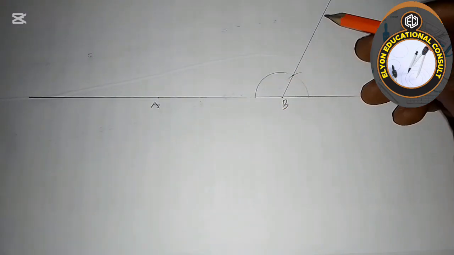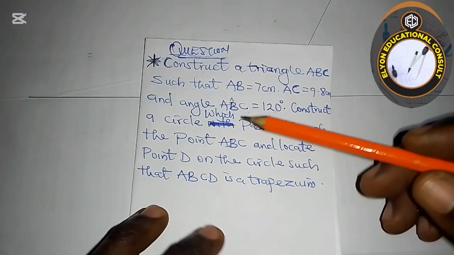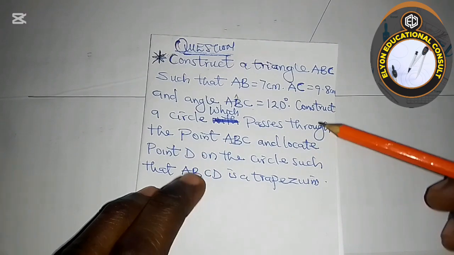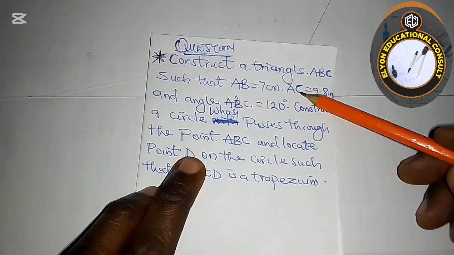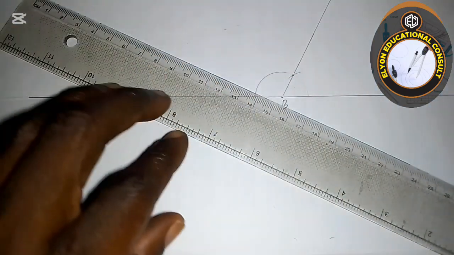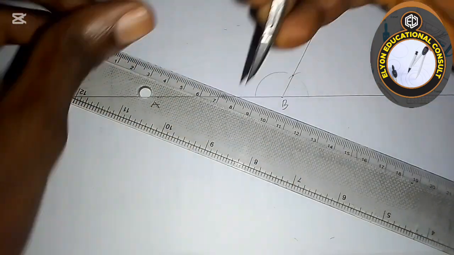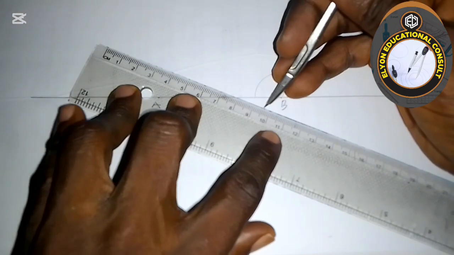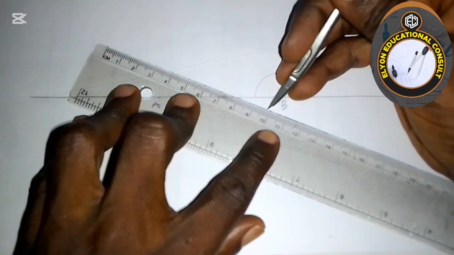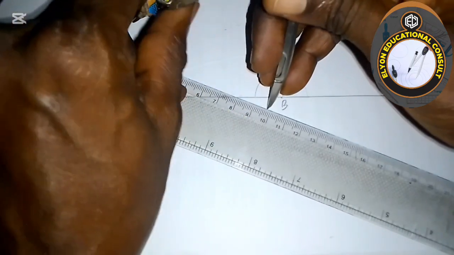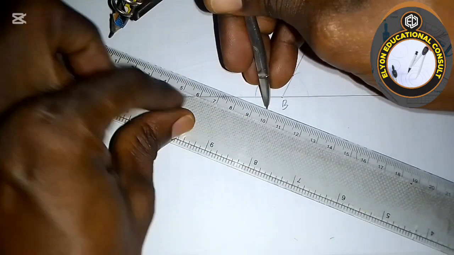Okay, so we need to locate point C, and from the given question, we are told that AC is 9.8. So I will stretch my compass to 9.8 to get C. So this is 9.8.